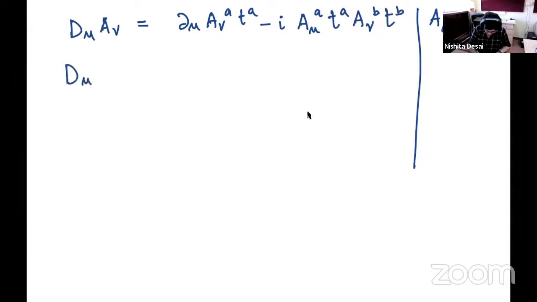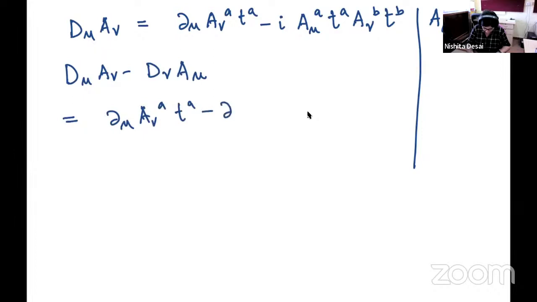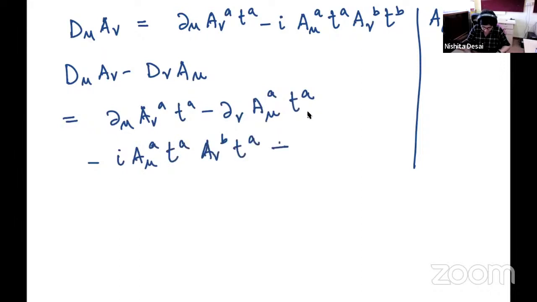And then if you do that, the first term looks as expected. For the second term, let me just copy down the thing that we've written before. Then the opposite sign of this. So then you have, remember, you have A mu.